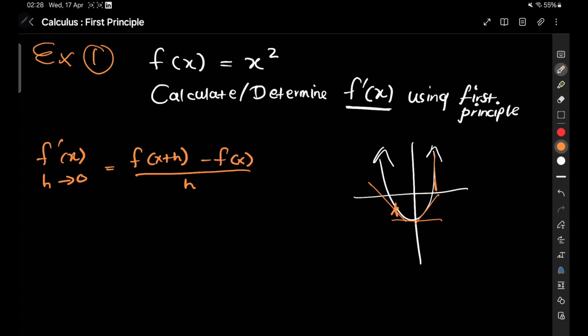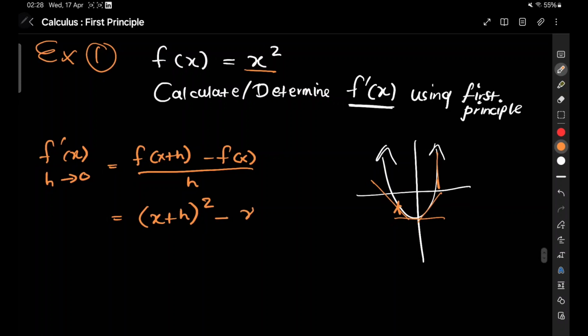So f of x plus h basically means that where there's x, we need to substitute x plus h. So from the formula here, we're going to substitute x with x plus h, and we're going to square that, and minus f of x, which is x squared. Since it's one term, I'm not going to put a bracket. All that over h.